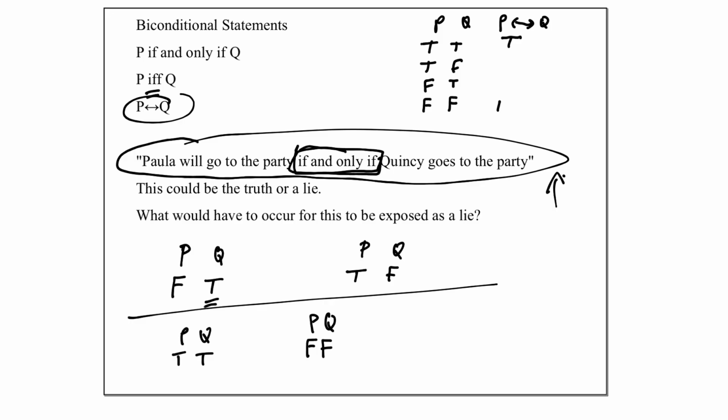But even if both things are false, it's true. But if one's true and the other one's false, then it's false. So another way of saying that is, if the two things match, P if and only if Q would be true. If they're both false, P if and only if Q would be true. But if one is true and one is false, then it is false. And that's the truth table for the biconditional.